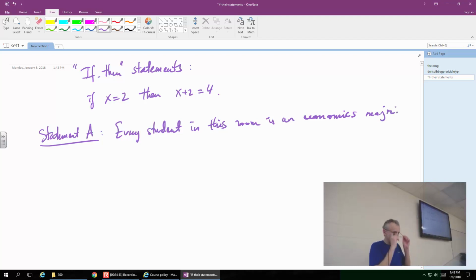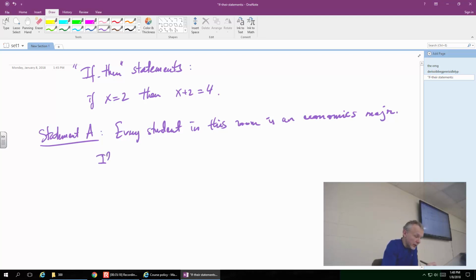Okay, so let's make it an if-then statement. If a student, what's the condition? If they're a student in this room? No. If the student says they're an economics major? No. If the student is in this room? Yes. Then they are an economics major. That's right.